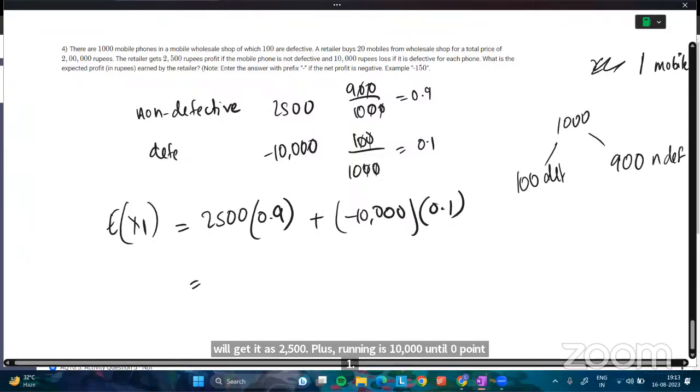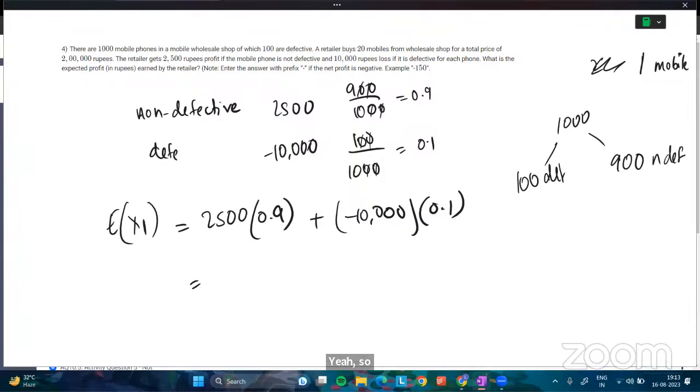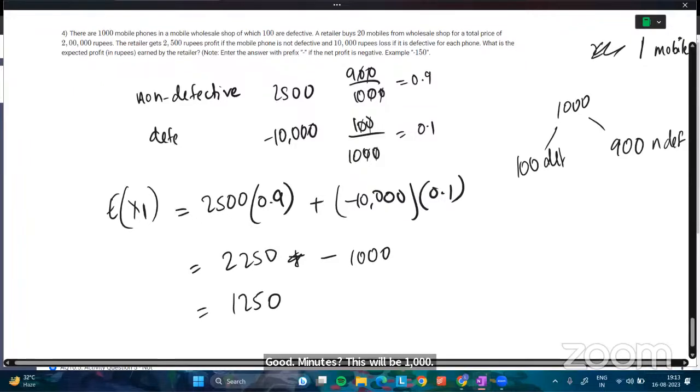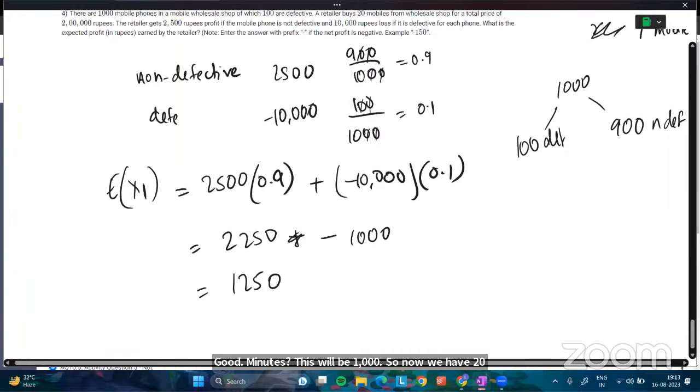Yeah, so this will be 2,250 minus 1,000. So this will be 1,250. So now we have 20 such mobiles and each of them will follow the same distribution.